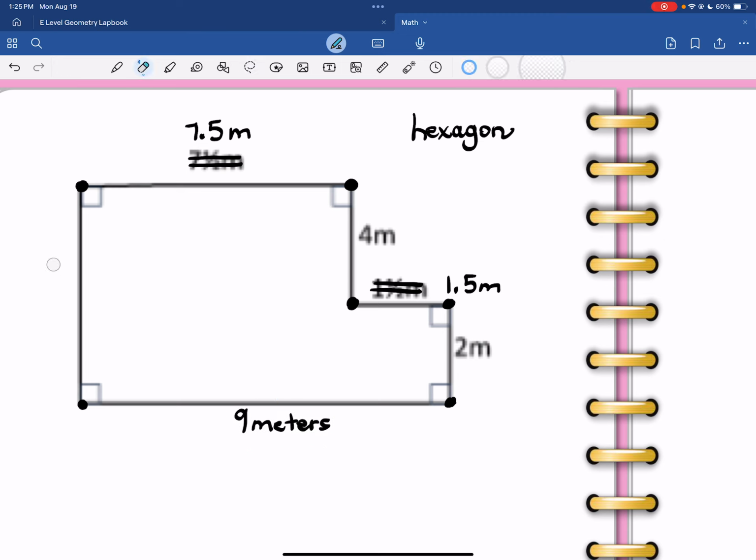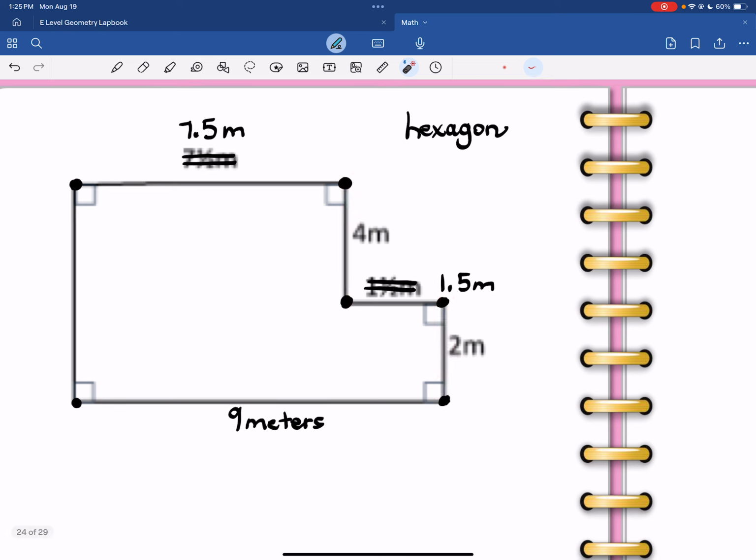Okay, to get this one, I'm looking at things that run vertically. And I'm looking for the longest piece. So if I take 4 and 2 and add those together, I'll get this piece. So 4 plus 2 is 6 meters for this side.